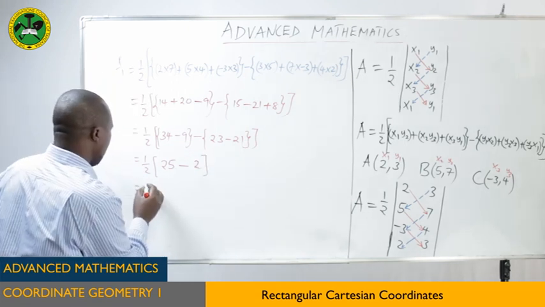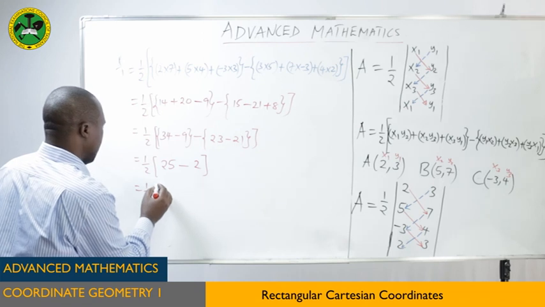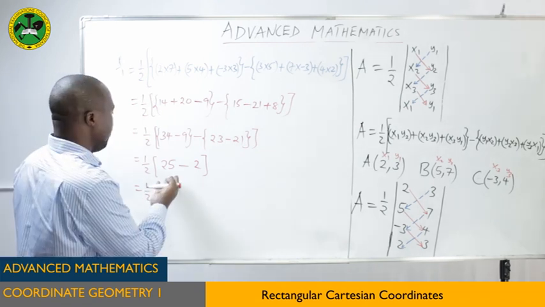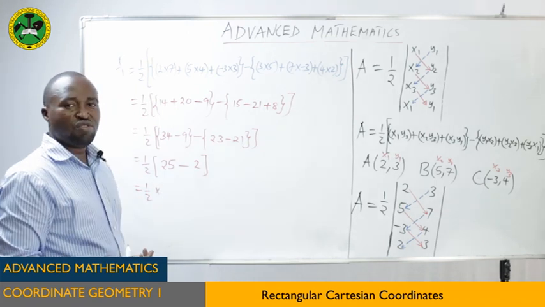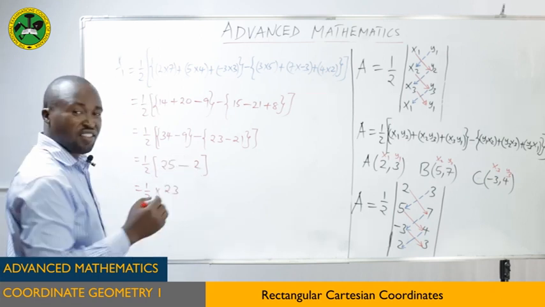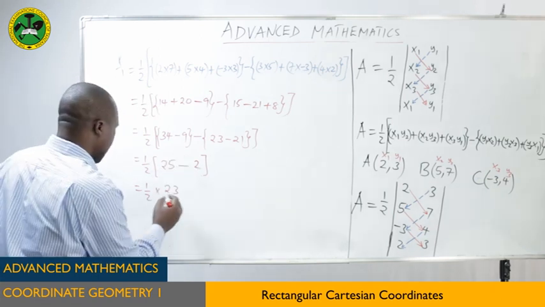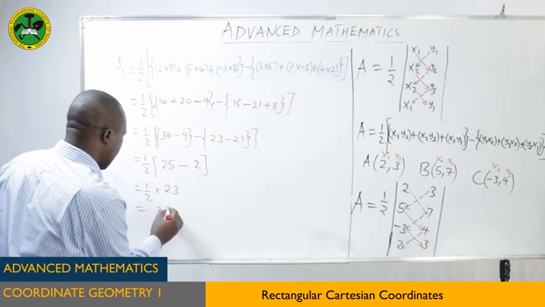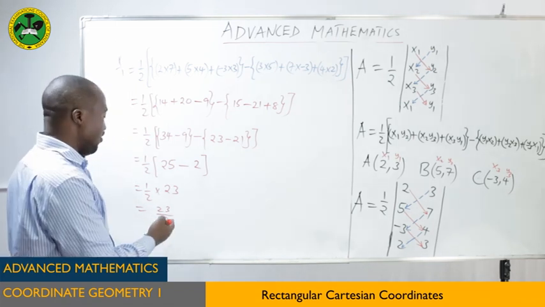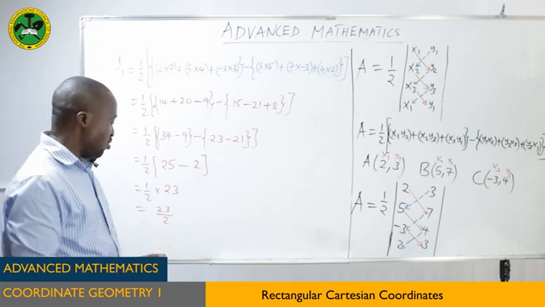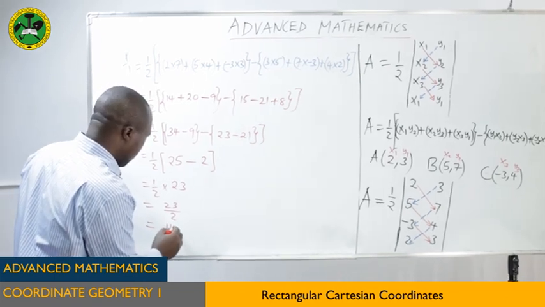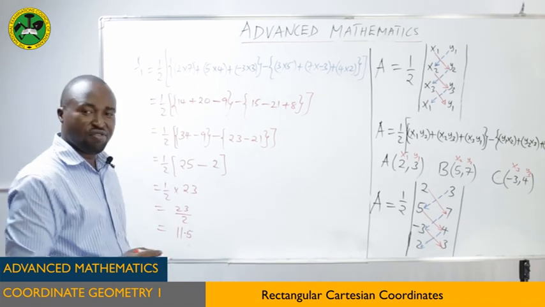So this is equal to a half, bracket of, or just times, we have 25 minus 2, which is equal to 23. So it's the same as 23 over 2, or just 23 divided by 2, which is going to be 11.5.